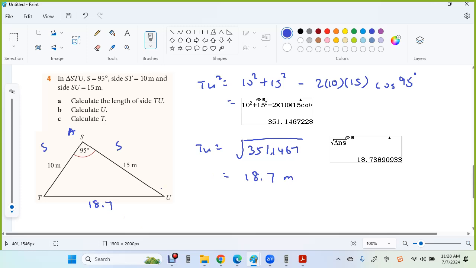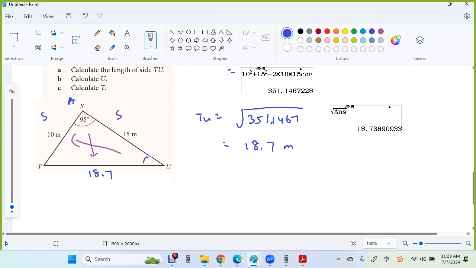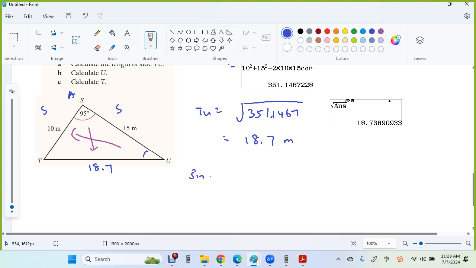We want to calculate the value of U. To calculate the value of U, we use the sine rule. So we will have sin U over 10 equals sin 95 over 18.7.